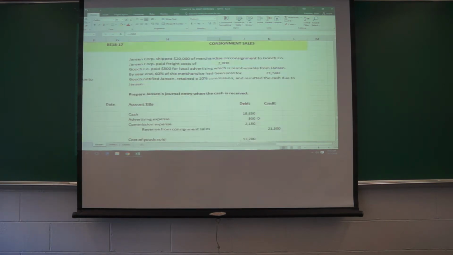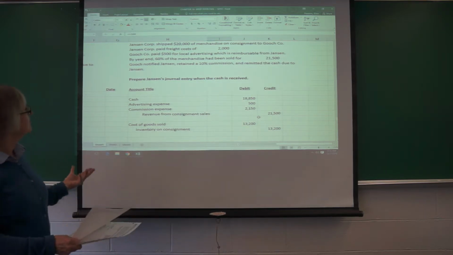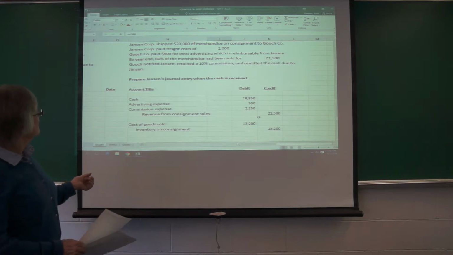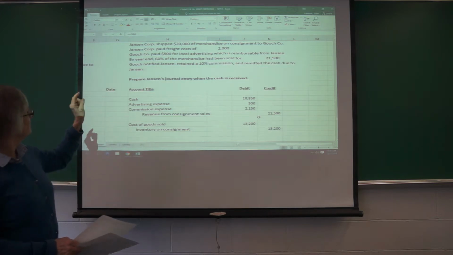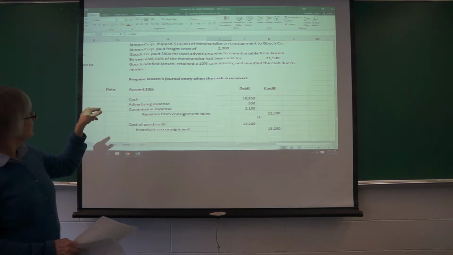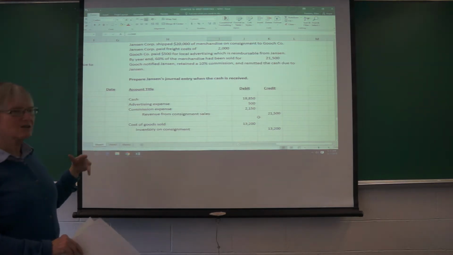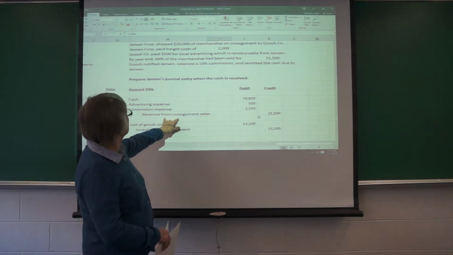Okay, so 17, consignment. These are a little complicated, but if you don't get too flustered by them, they're not too bad. Basically, the consignor ships the merchandise to Gooch, and it says Jansen pays the freight. Gooch pays some local advertising, and there's a commission involved, and so you just have to take it a piece at a time. And the good place to start is, what's the revenue from the consignment sales?